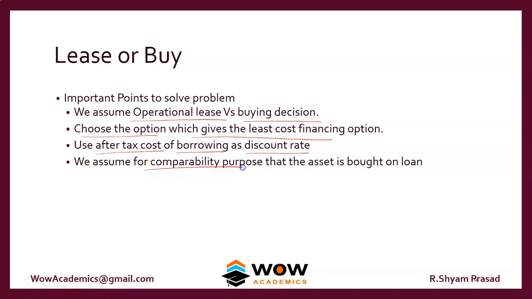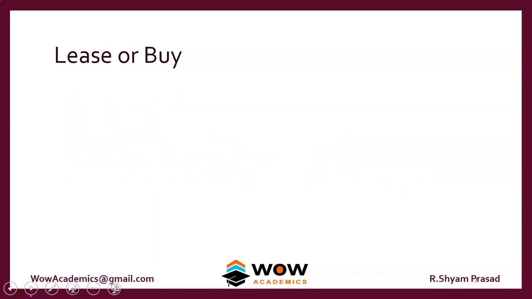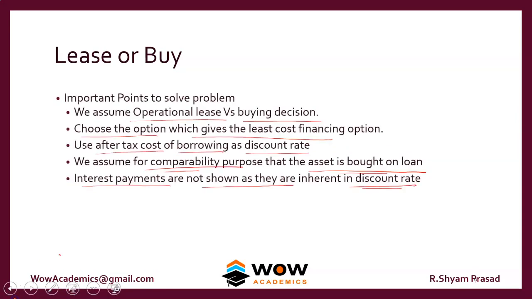We assume for comparability purposes that the asset is bought on a loan. Interest payments are not shown as they are inherent in the discount rate itself. So these points have to be followed when you're trying to solve a lease or buy problem.